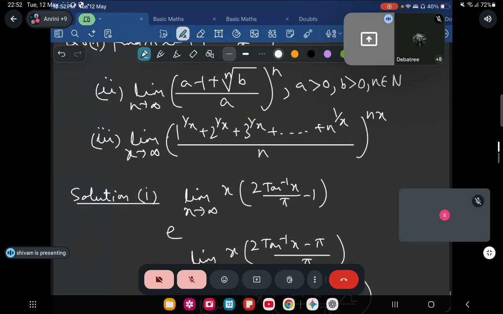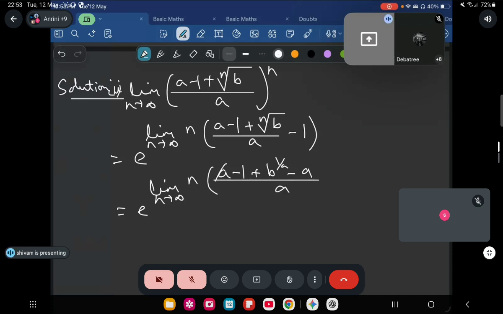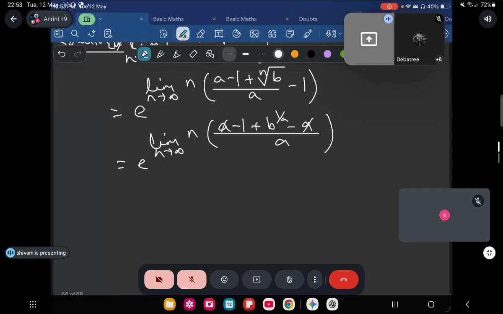So this will become e to the power limit n tends to infinity n into a minus 1 plus nth root of b, that is b to the power 1 by a, minus 1 minus a by a. So a and a will get cancelled. And finally, you are going to get b to the power 1 by a minus 1 upon a.